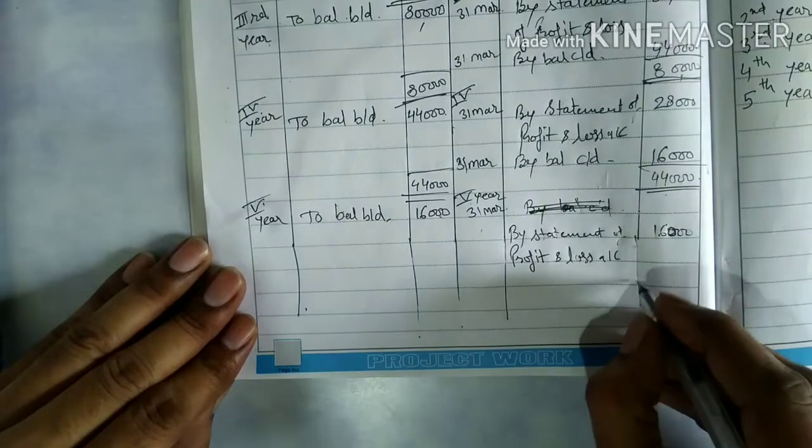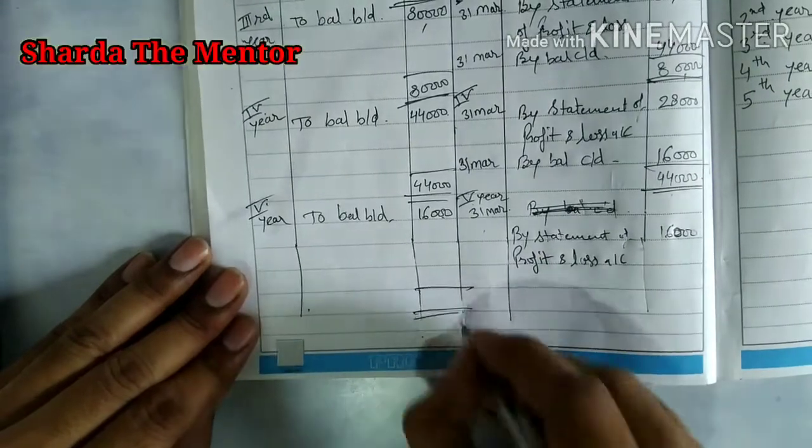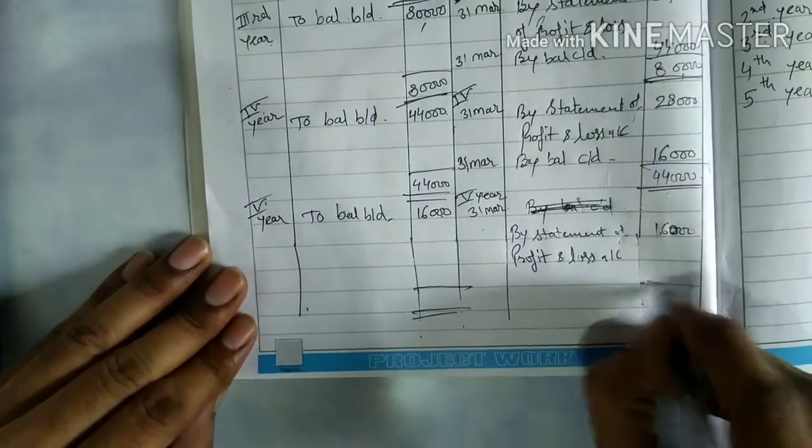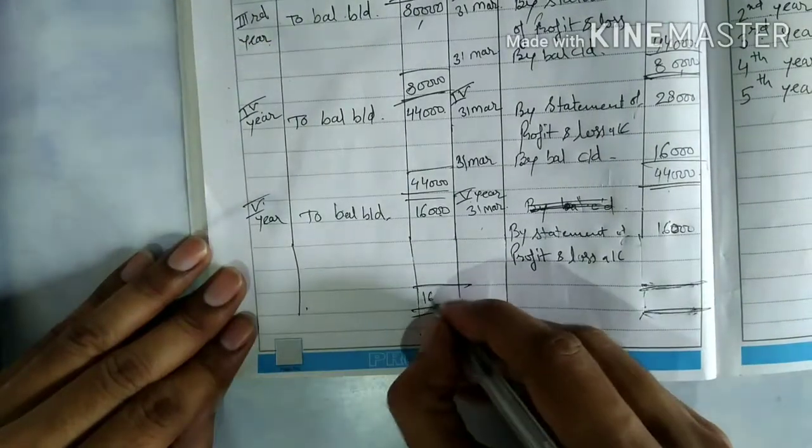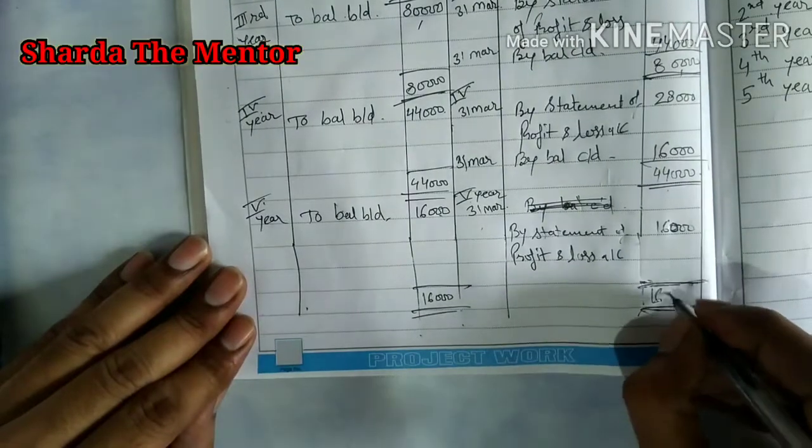So obviously no balance remains, because the total amount has been written off, so nothing remains to transfer to the next year.